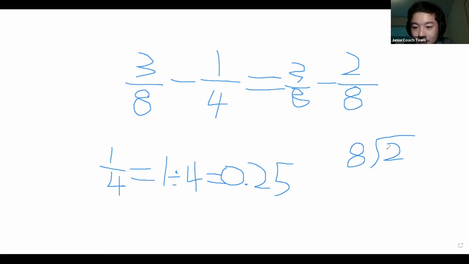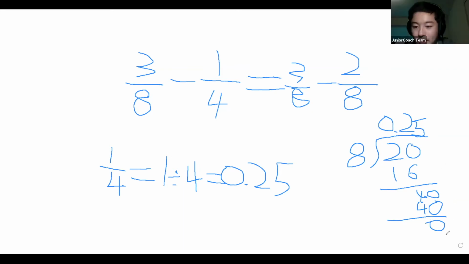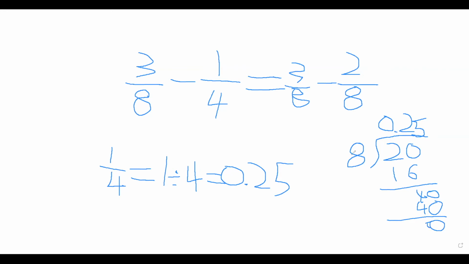First of all, 8 doesn't go into 2, so put 0. Then 20, 16, 4. It's just going to go on and on? Nope, it stops. It goes to 0. Not every single division goes on and on.